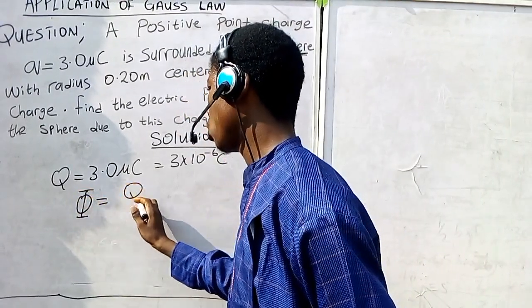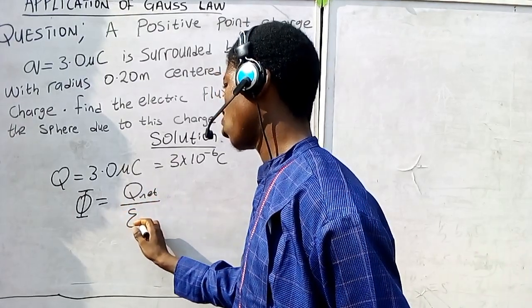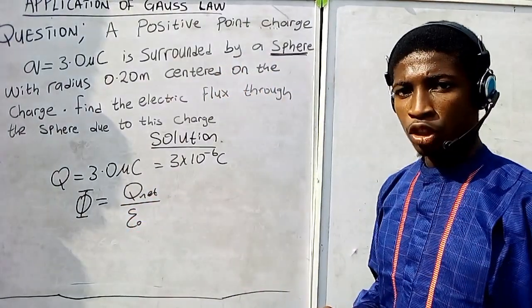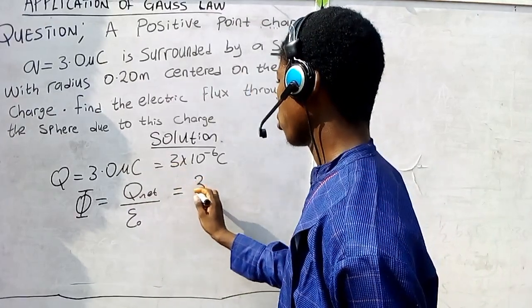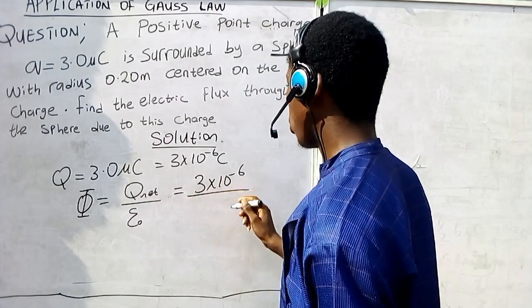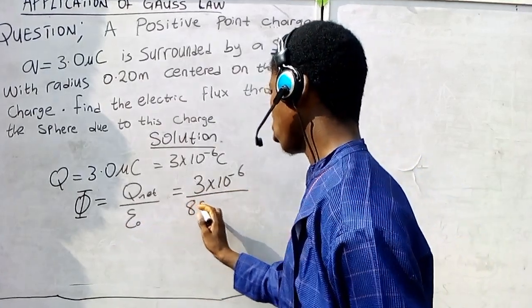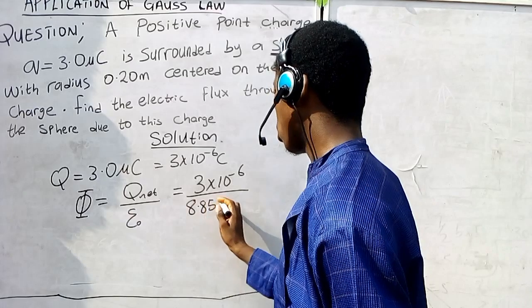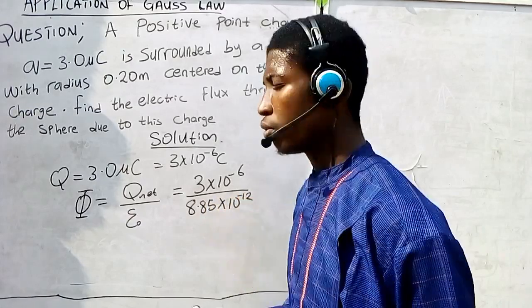The net charge divided by what? The permittivity of free space. So it just goes straight. Net charge is 3 times 10 to the power of negative 6, divided by what? The value of permittivity of free space is 8.85 times 10 to the power of negative 12.